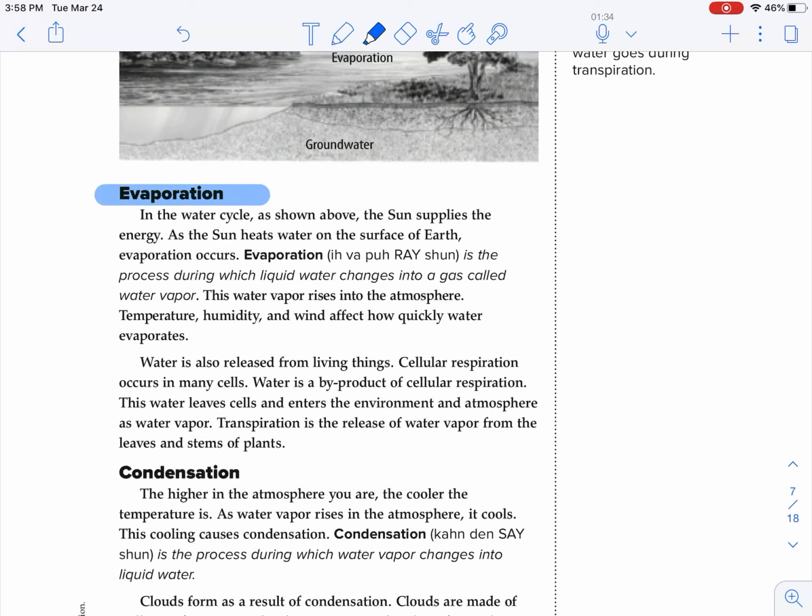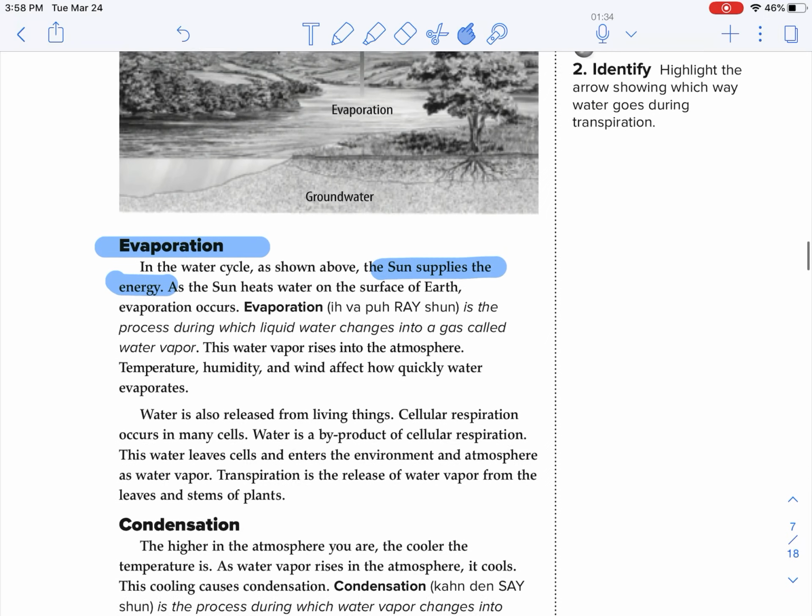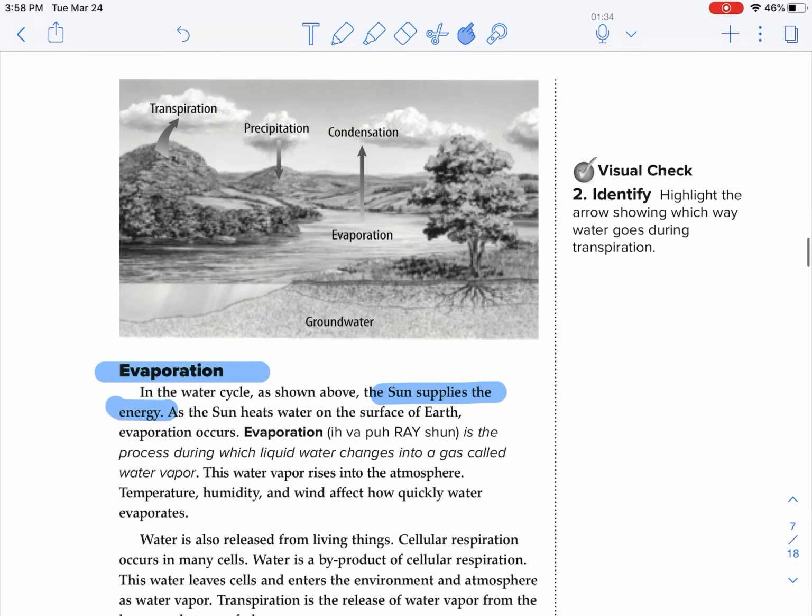Evaporation is the first one we're going to look at here. In the water cycle, as shown above, the sun supplies the energy. As the sun heats water on the surface of Earth, evaporation occurs. Evaporation is the process during which liquid water changes into a gas called water vapor.